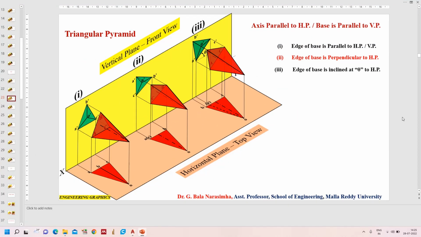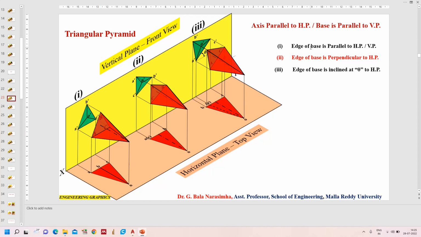As you can see on the screen, this is a triangular pyramid having only one base at the back, connected with triangular faces towards the apex point called O. This is one apex point. Observe carefully, the triangular pyramid has only one base and three edges AB, BC, CA.